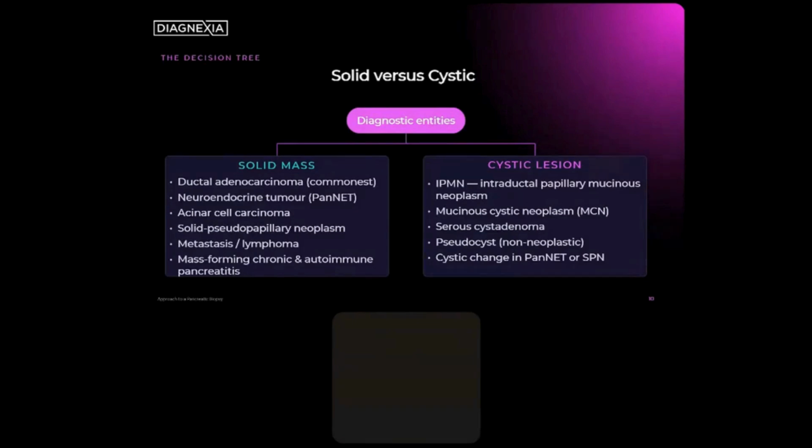Okay, so getting back to when you start to triage the case, you've got solid versus cystic. And it is well known that there are seven entities that present as solid masses. And clearly, ductal adenocarcinoma is the commonest, then pancreatic neuroendocrine tumors, acinar cell carcinomas, solid pseudopapillary neoplasm, metastasis, lymphoma.